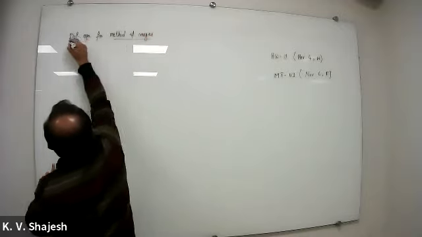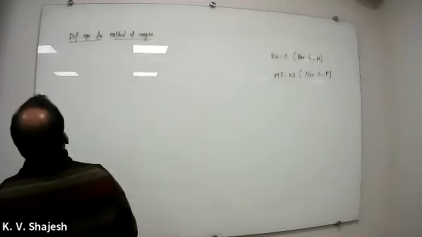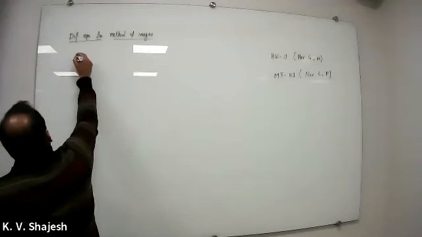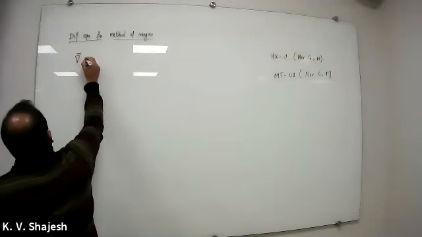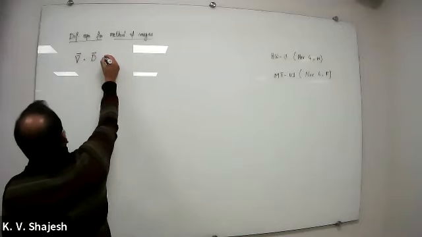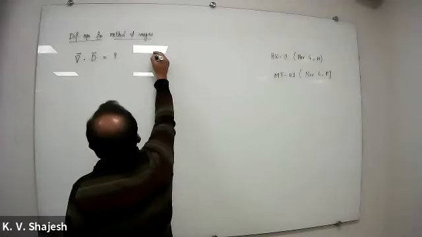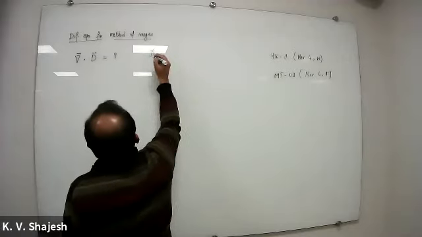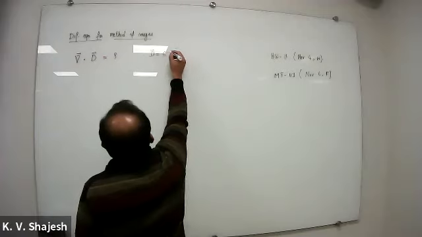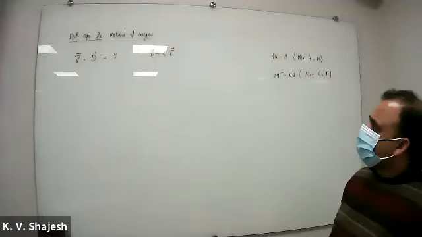Or we can also say the differential equation when conductors are involved. We already said that the differential equation we have is divergence of D equal to rho, where D is equal to epsilon times electric field, correct?